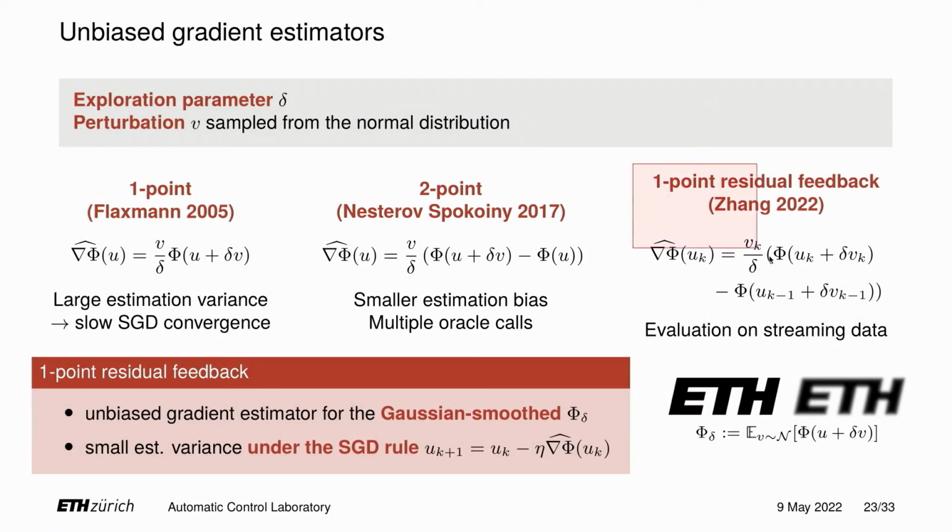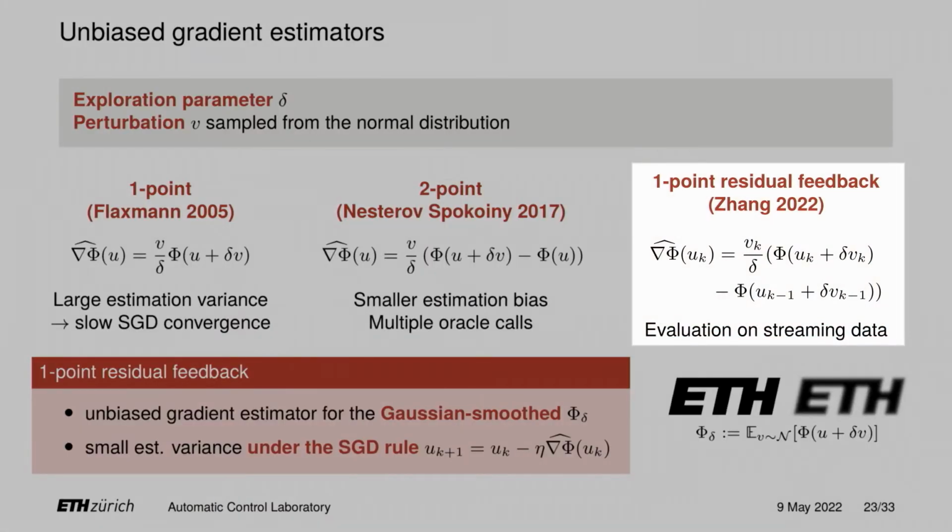Only very recently, an unbiased zeroth order estimator of the gradient has been proposed that uses streaming data. This is an estimator very similar to the two-point estimator, but where the second evaluation is actually at the previous data sample, at U_{k-1} and V_{k-1}. So we are reusing the points in your iteration, in your time series, to construct this estimator.